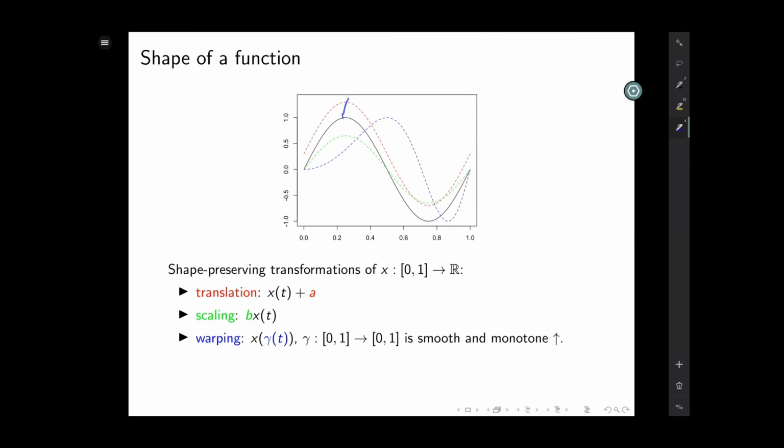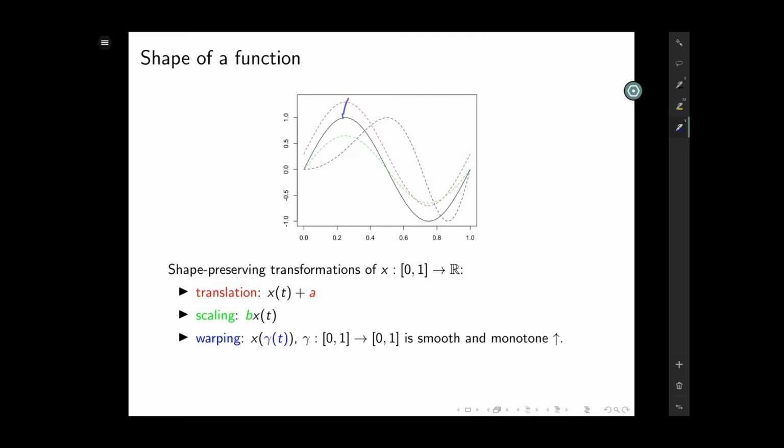This also preserves the shape. It doesn't really change the shape S of this function. So we could think of a shape of a function as what is left behind of the black curve once I remove information pertaining to translations or scalings, or what we call time warping or warping.